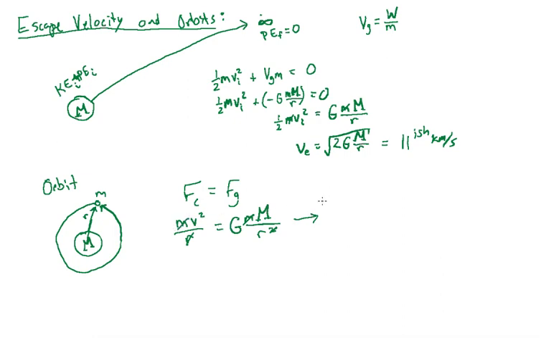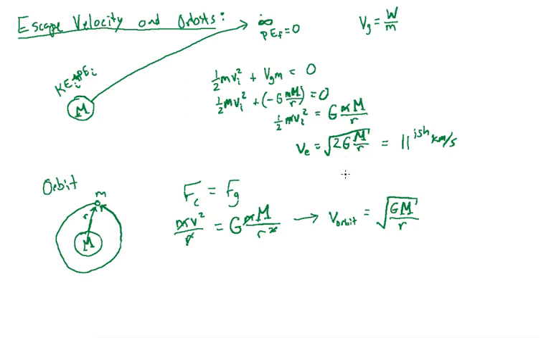Then you take the square root, and you end up with the orbital speed is simply the square root of G times the mass of your central object over r.